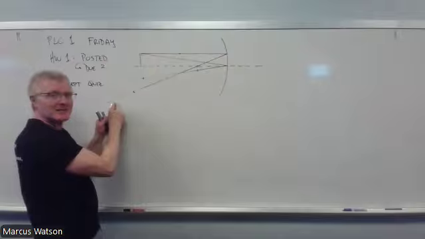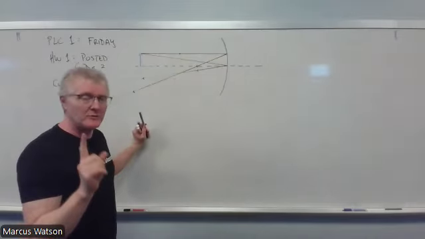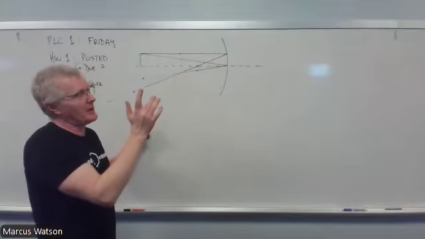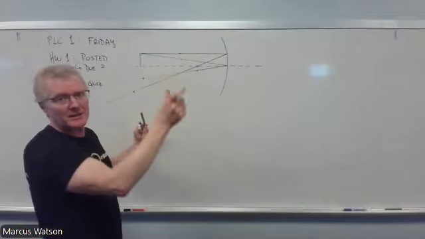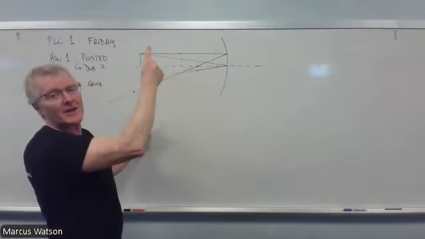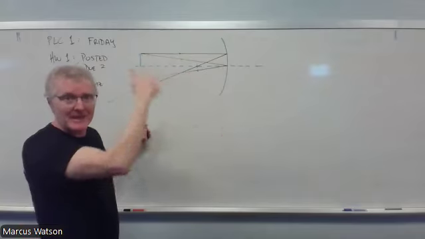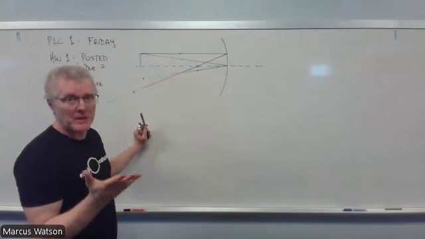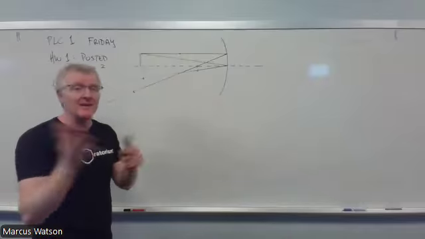But the image is still on this line somewhere. So once you draw ray 1, you feel good. And you would note the same thing with the diverging mirror when I trace that little leg between the focal point and where the ray hit the mirror. The image has to be in there somewhere.